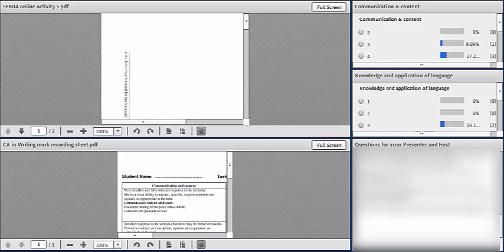Okay, now then, this question says, can you give a mark in a higher bracket for knowledge and application or accuracy than you did on content? It is possible, and I suppose it might happen where, for example, it was a short task, and so the mark for communication and content is restricted, but the language is very, very sophisticated.